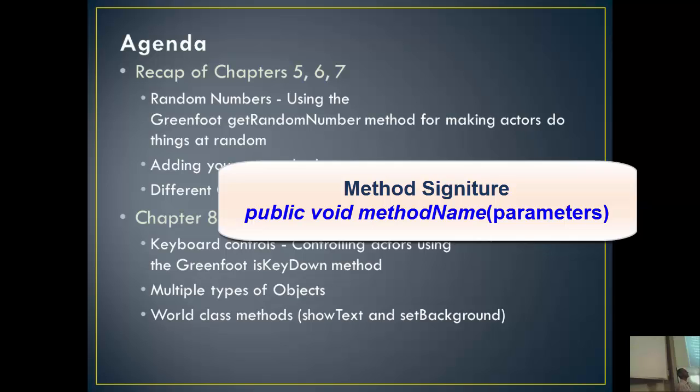Public is just an access specifier. In other words, it specifies how this method is accessed outside of the class code itself. Public means you can call it.